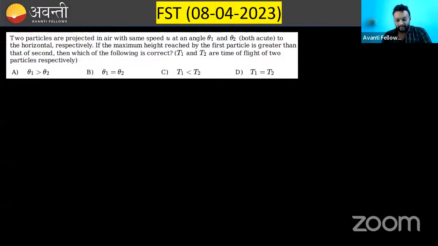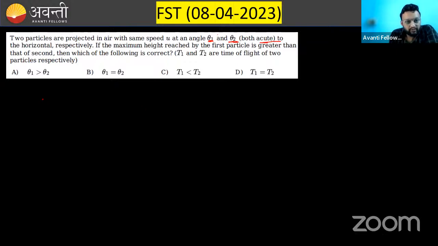First question on our screen. Have you attempted this question? Two particles are projected in air with the same speed at angles theta 1 and theta 2, both acute angles to the horizontal respectively.